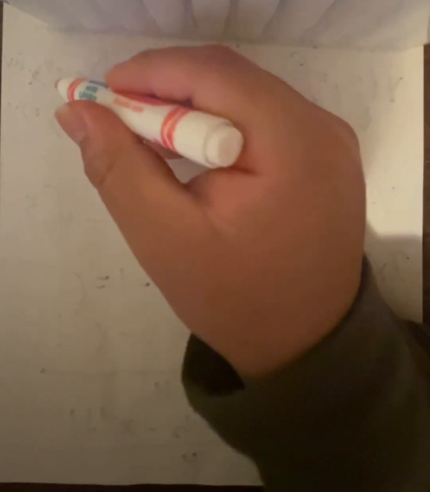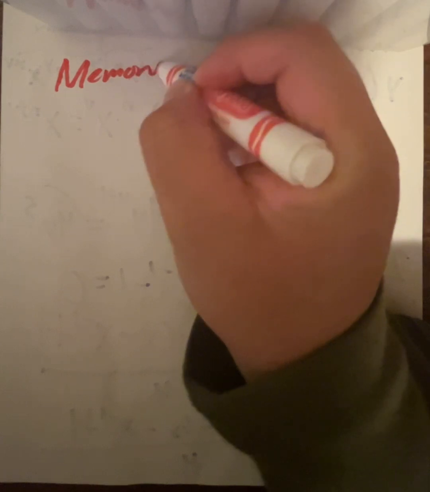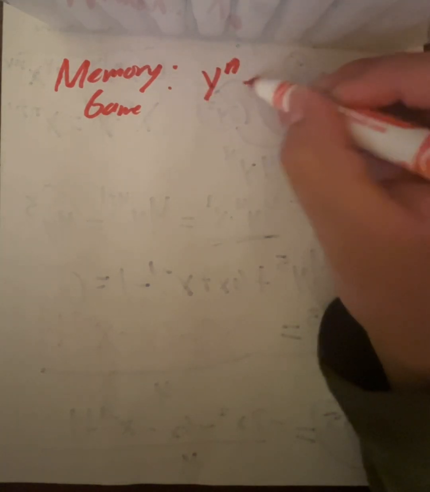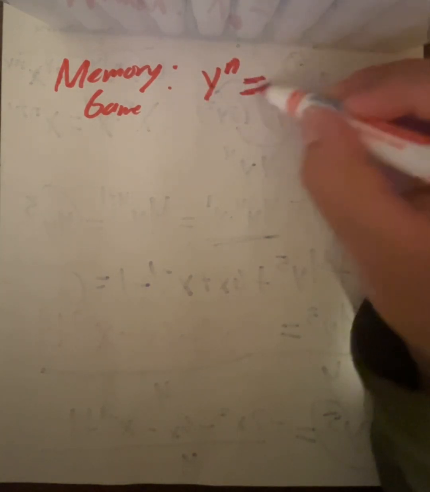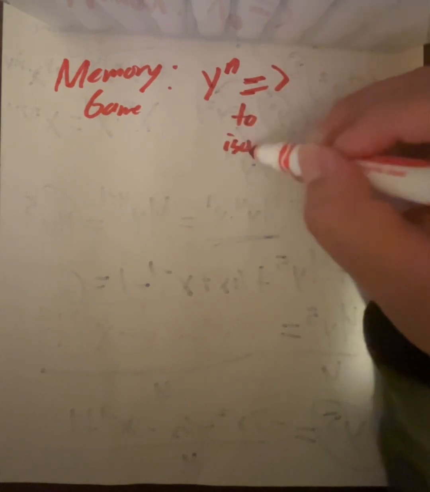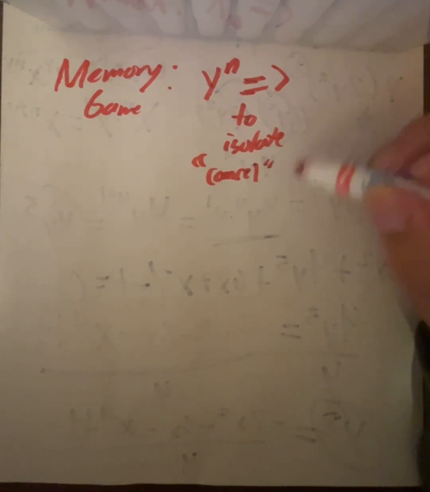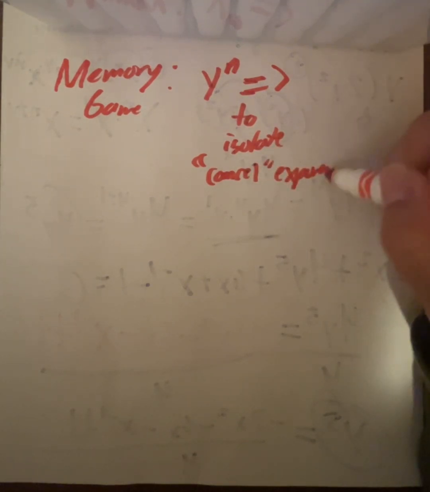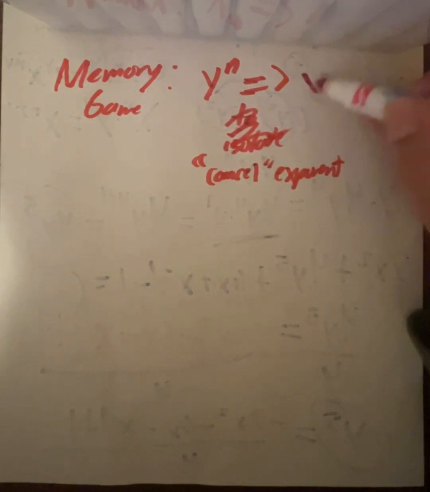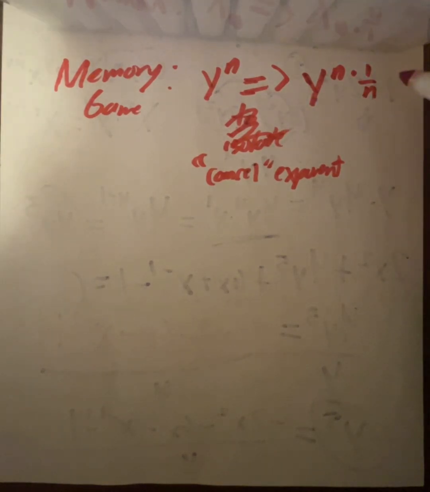Memory game. We have to isolate y to the n. We can just say to isolate or cancel the exponent, we can just manipulate and have something like this.